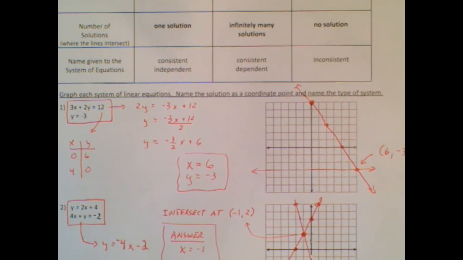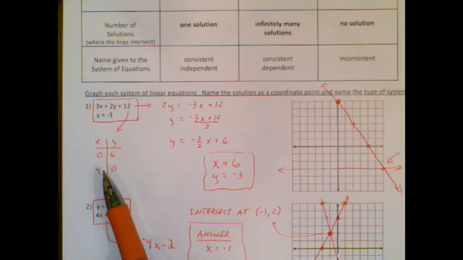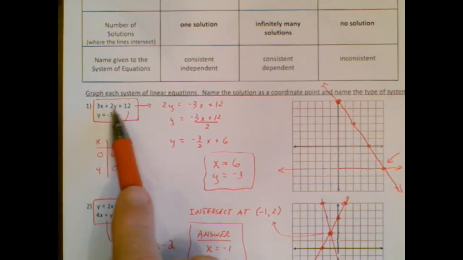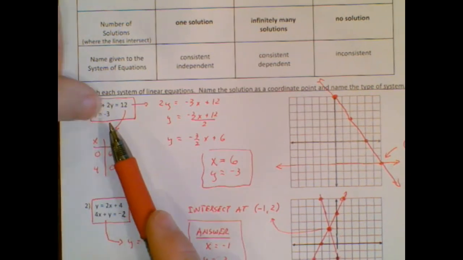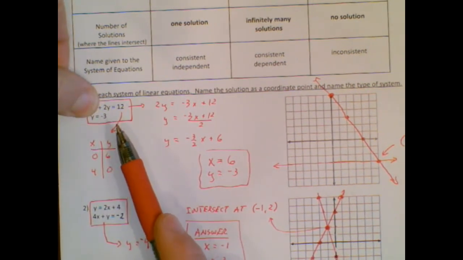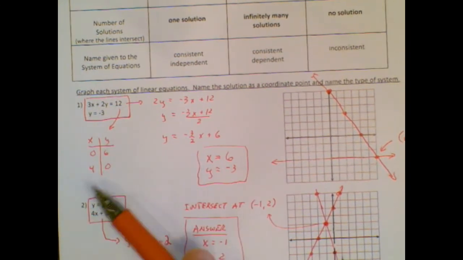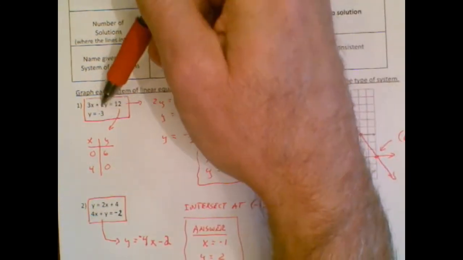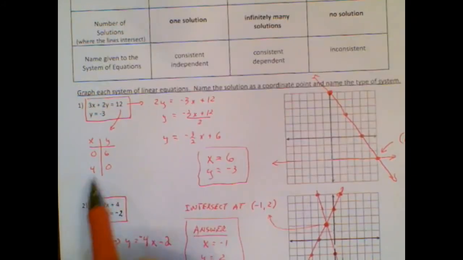Boom, you're done. Had you decided to graph this by intercepts, you would have taken this equation, said if x equals 0, that makes the 3x go away, y must become a 6. Or if y is 0, that makes the 2y go away, then 3x equals 12, x equals 4.